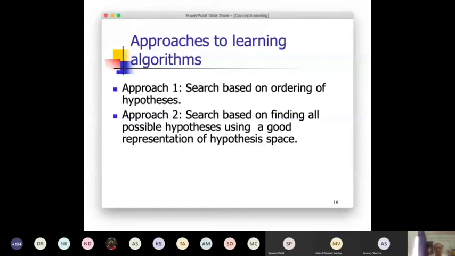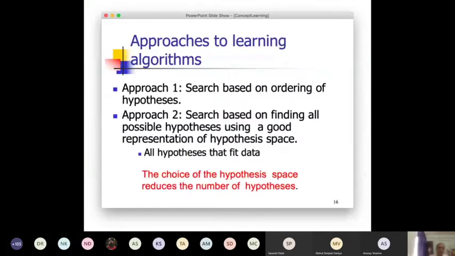Thank you very much. And then for the second approach, as I said, it's a kind of exhaustive enumeration. Maybe you are following an efficient strategy also, but the idea is that you should get all hypotheses which satisfy this example set. The choice of the hypothesis space, of course, reduces the number of hypotheses.